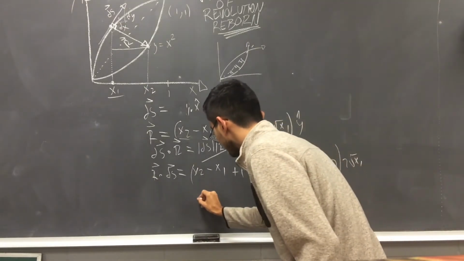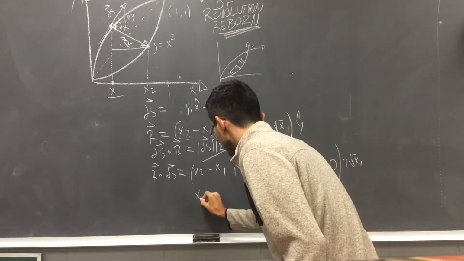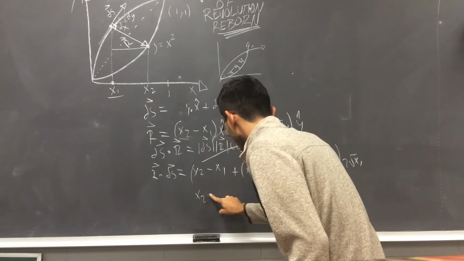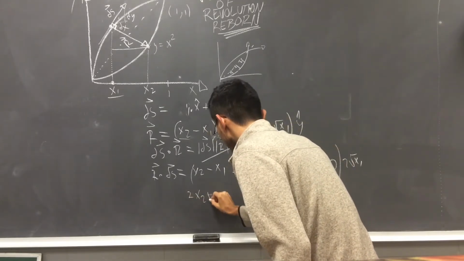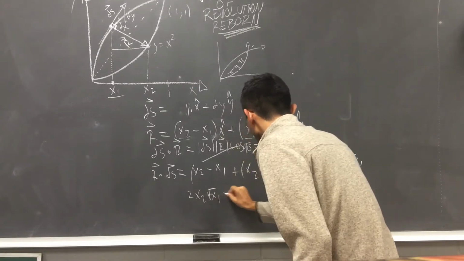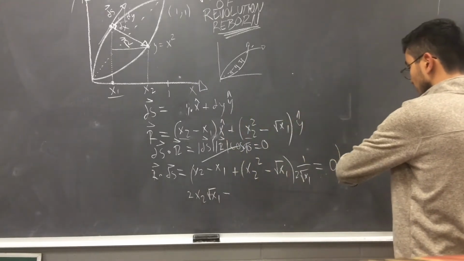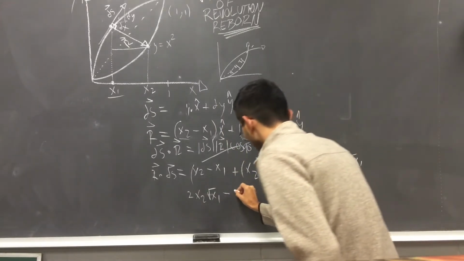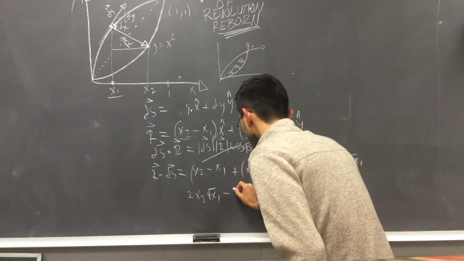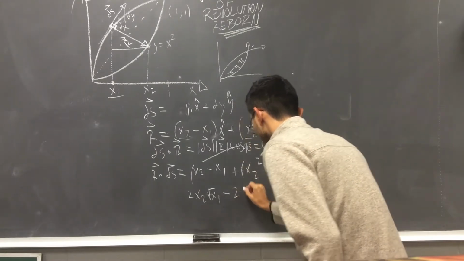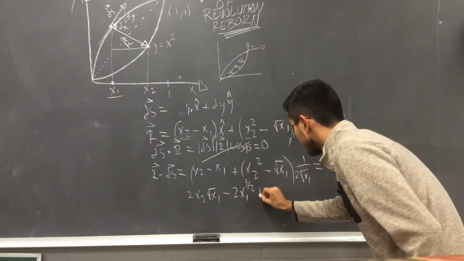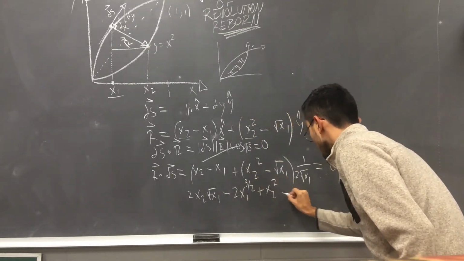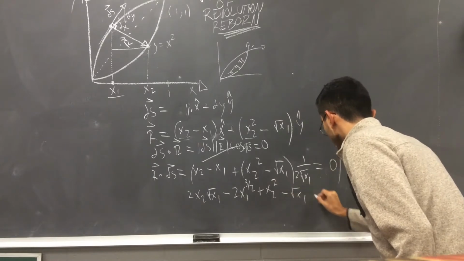So we're going to have 2x2 times the square root of x1 minus x1 times x1 to the 1 half is x1 to the 3 halves. So that's going to be minus 2x1 to the 3 halves, and then plus x2 squared minus the square root of x1 equals 0.